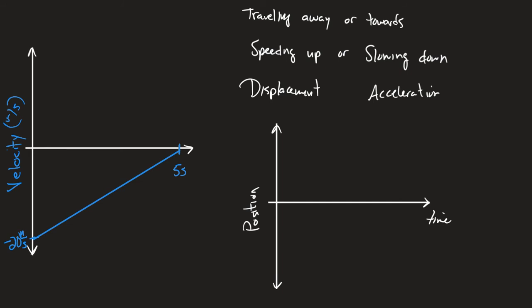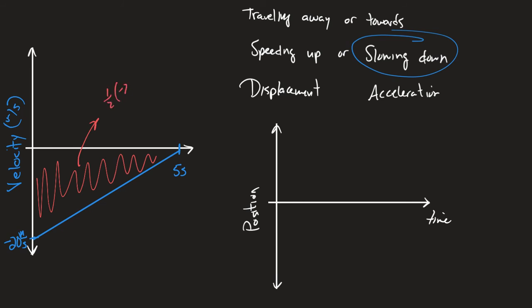Seems like slowing down is the right answer there. 20 to 0 in 5 seconds, slowing down. But it's traveling with a negative velocity the whole time. In fact, if I look at this displacement, 1/2 base times height, I'd get 1/2 times negative 20 meters per second times 5. Negative 50 meters. So it traveled backwards the whole time. It traveled in the negative direction the entire time.